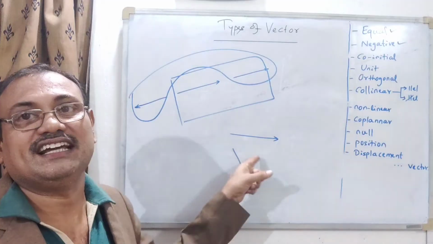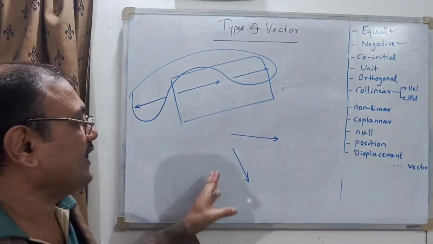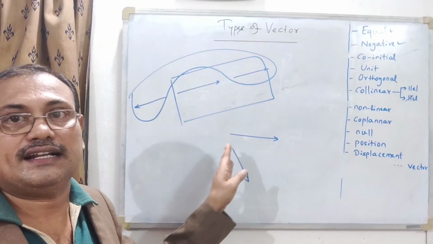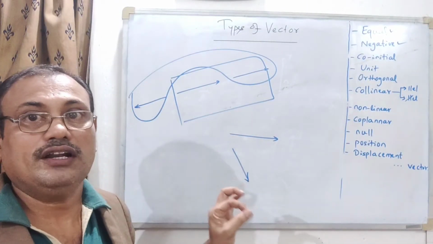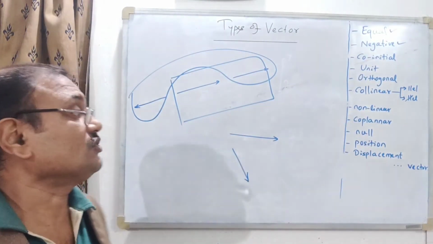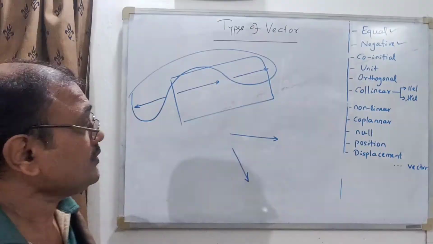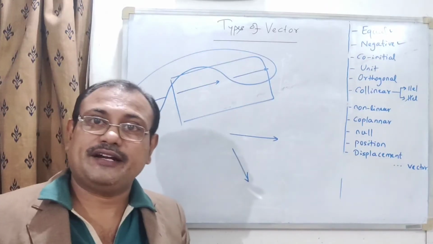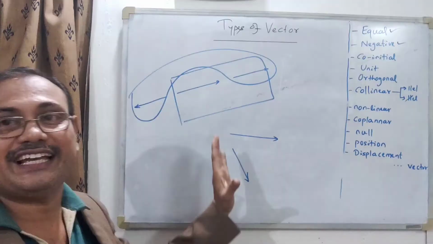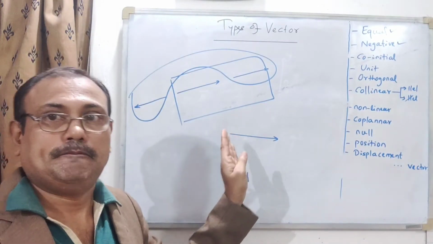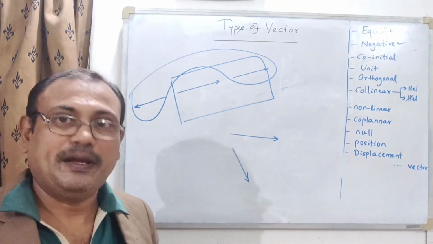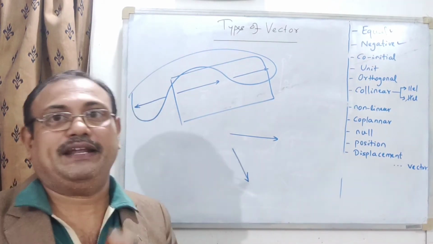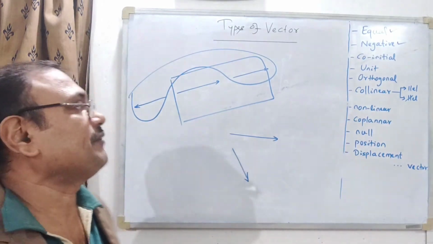So I say they are non-collinear vectors, and they intersect at some point when extended. Now coming to coplanar vectors, all those vectors which I can draw on the board are coplanar vectors. Vectors lying on the same plane are coplanar vectors.